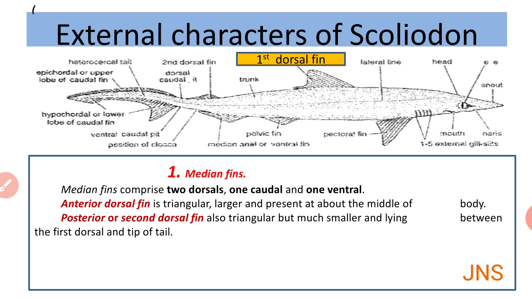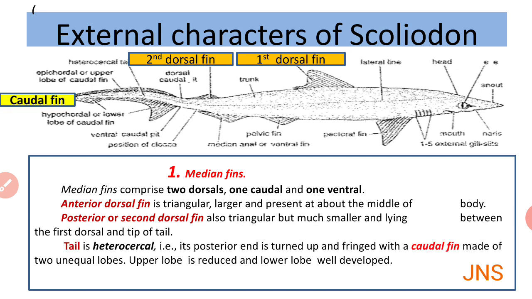In that, the first dorsal fin, also called the anterior dorsal fin, is triangular, larger and present at about the middle of the body. The second dorsal fin, also called the posterior dorsal fin, is also triangular but much smaller compared to the anterior dorsal fin, lying between the first dorsal fin and the tail.